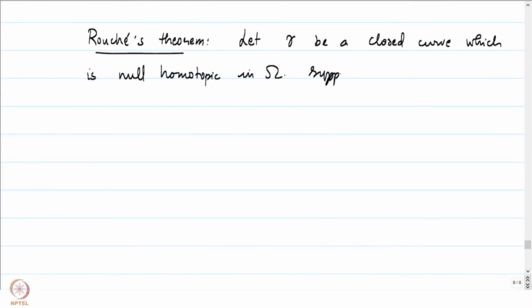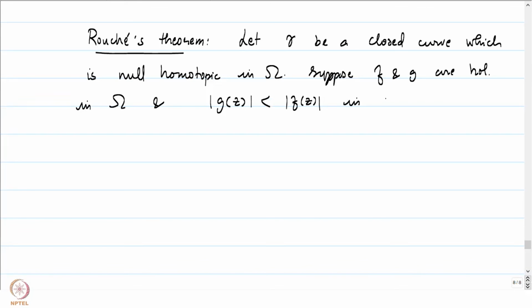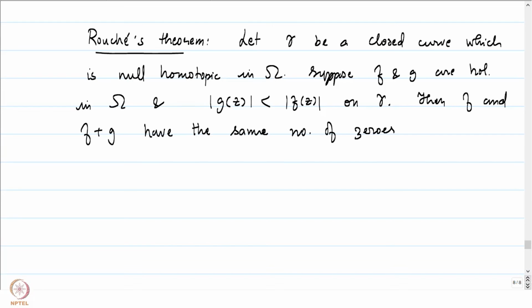Suppose f and g are functions holomorphic in omega, and further mod g of z is less than mod f of z on gamma. Then f and f plus g have the same number of zeros counting multiplicities.